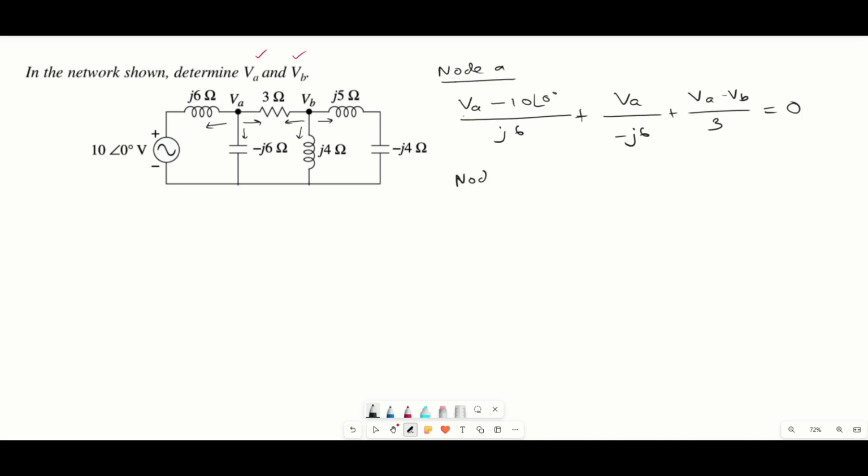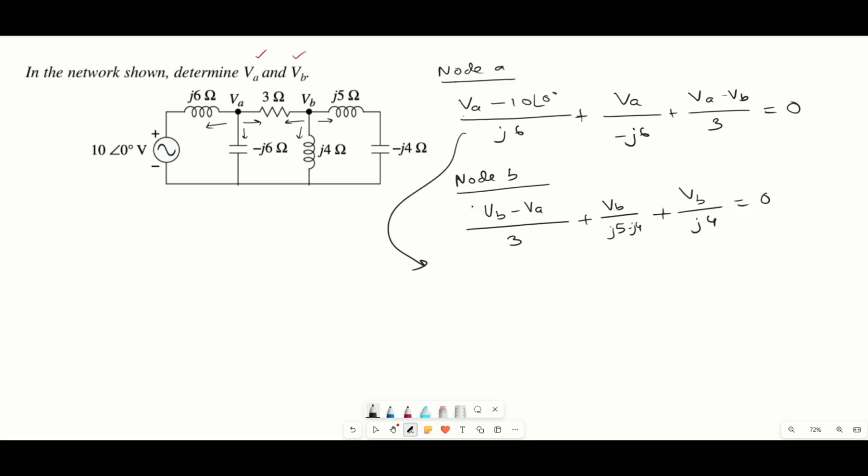Then for node B, we have VB minus VA divided by 3. Then VB divided by J5 minus J4. Then plus the third term, VB divided by J4 equals 0.